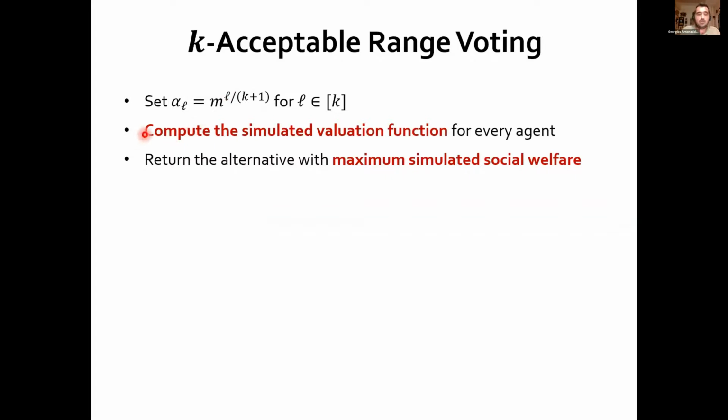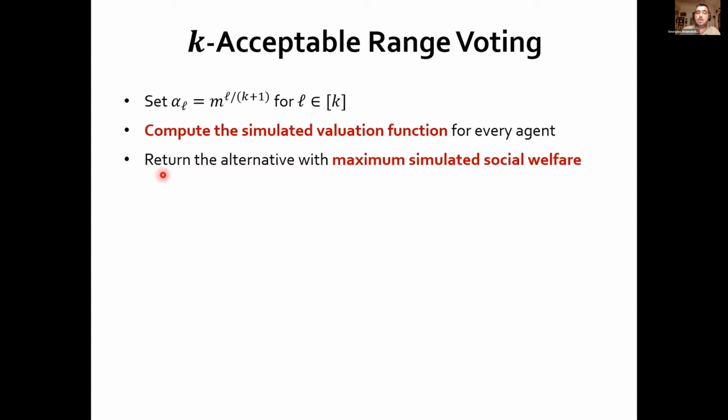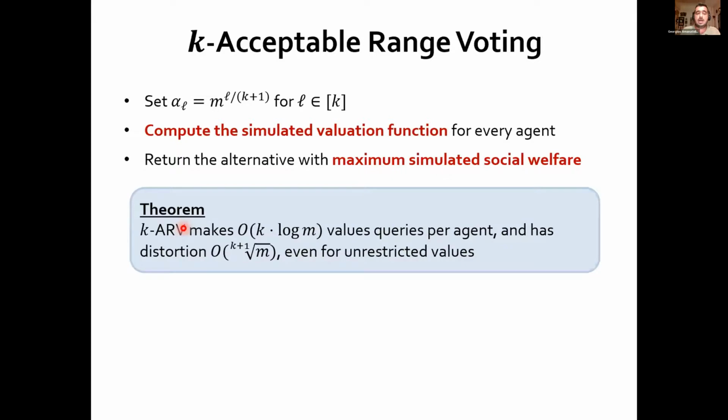And we calculate this step function, and then we use these step functions along the different agents to find the alternative that maximizes this simulated social welfare. And it turns out that by using K log m value queries, we can achieve distortion that is m to the 1 over K plus 1. And still, we don't need any normalization.